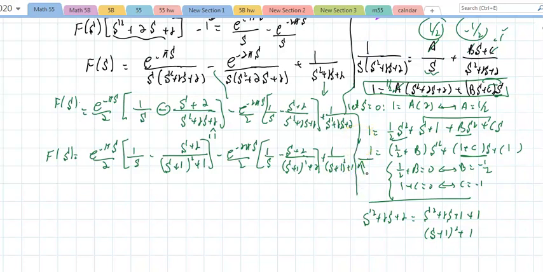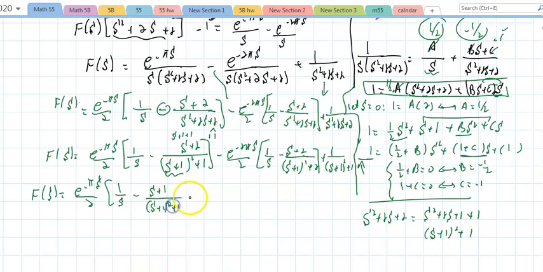So, if I really want to go back and use the inverse Laplace transform, I know what needs to be done. I have to make one more adjustment. And that is, if I really think about it, I need an s plus 1. That's s plus 1 plus 1, right? So I could say that's s plus 1 over s plus 1 squared plus 1 minus 1 over s plus 1 squared plus 1.